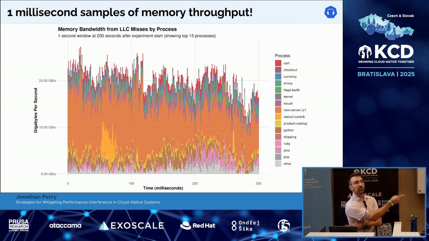And you can see 300 milliseconds here, right? This is resolution you rarely see. You can see the open telemetry collector had an event somewhere around the 60, 70 millisecond line where it had a large memory bandwidth requirement, and the product catalog had another 2 smaller events.